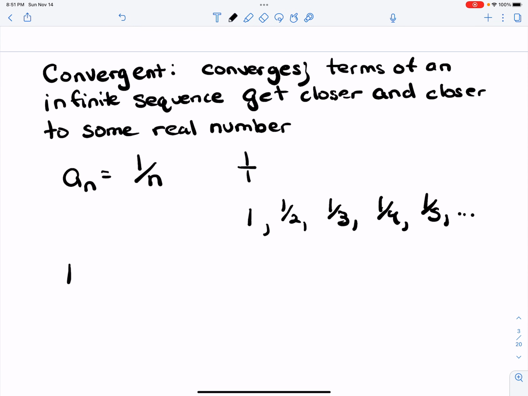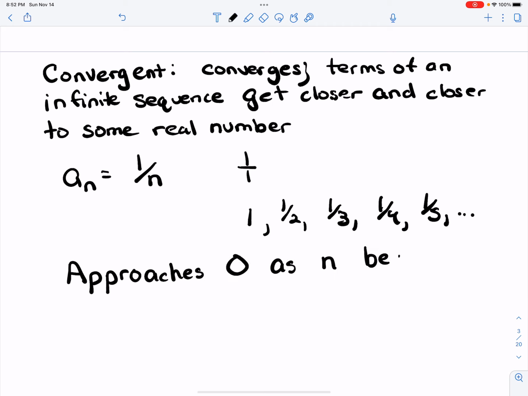So it approaches 0 as n becomes large. So this is a convergent sequence that converges to 0.